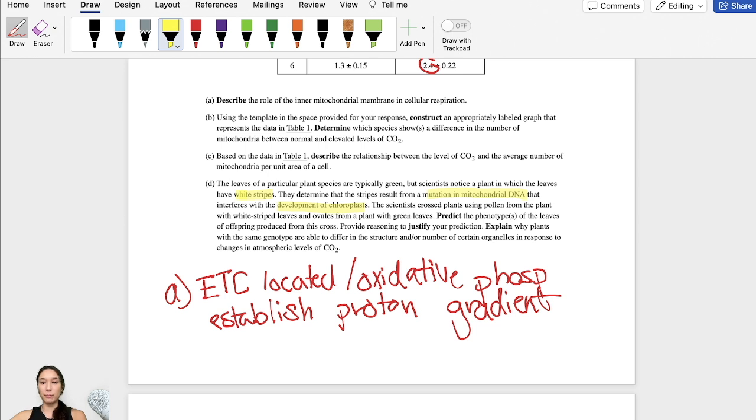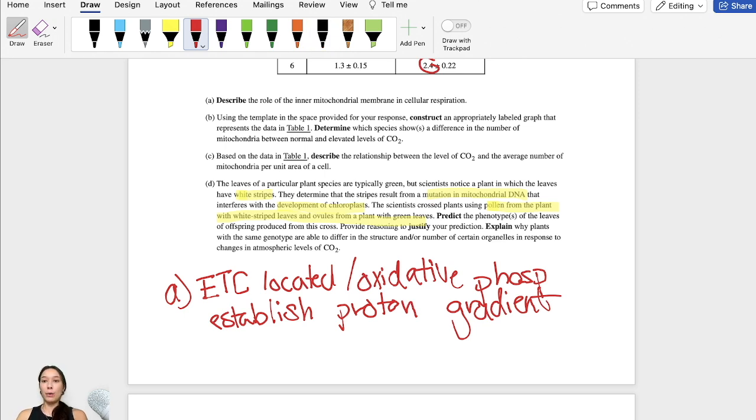Okay, this is also very important. So, pollen from a plant with white striped leaves and ovules from a plant with green leaves. Predict the phenotypes of the leaves of offspring produced from this cross, and then provide reasoning to justify your prediction. Explain why. Okay, so I'll do that after.